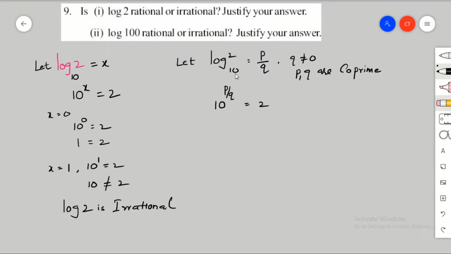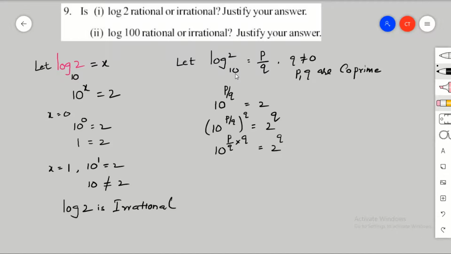So in order to remove this q in the power, I am raising power q on both sides. Then what happens? 10 power p by q whole power q equals 2 power q.